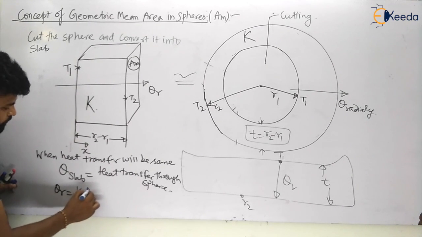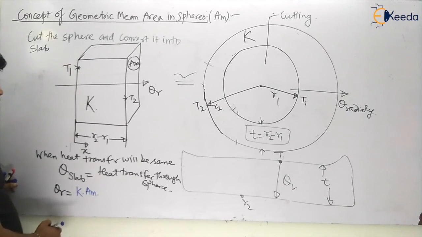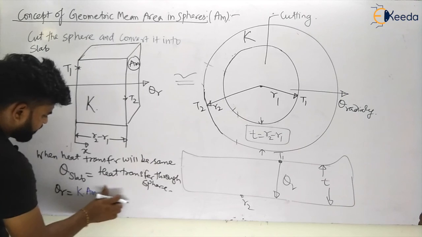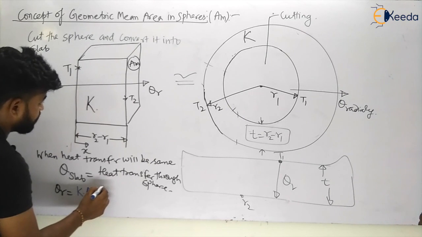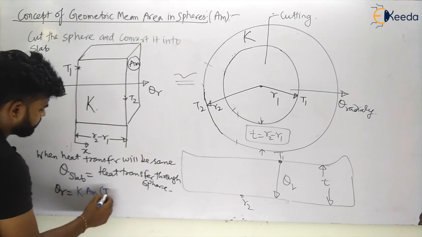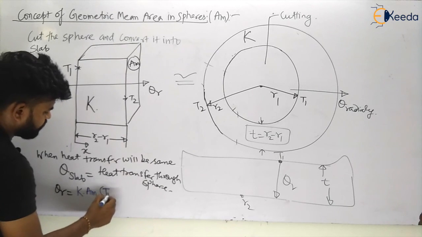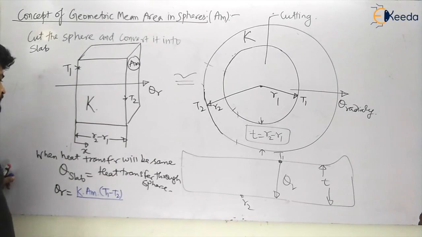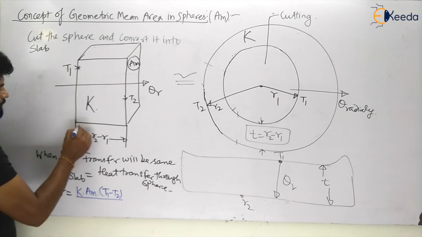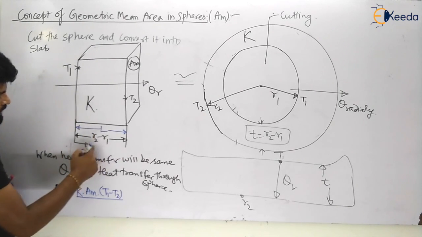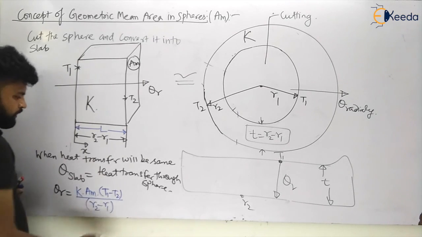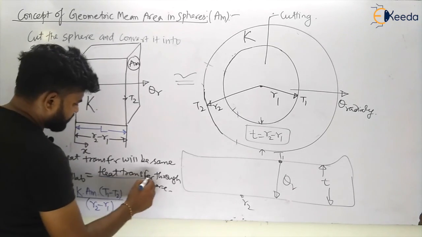AM into delta T, that is nothing but your T1 minus T2, divided by L. So what is L here? It is R2 minus R1.